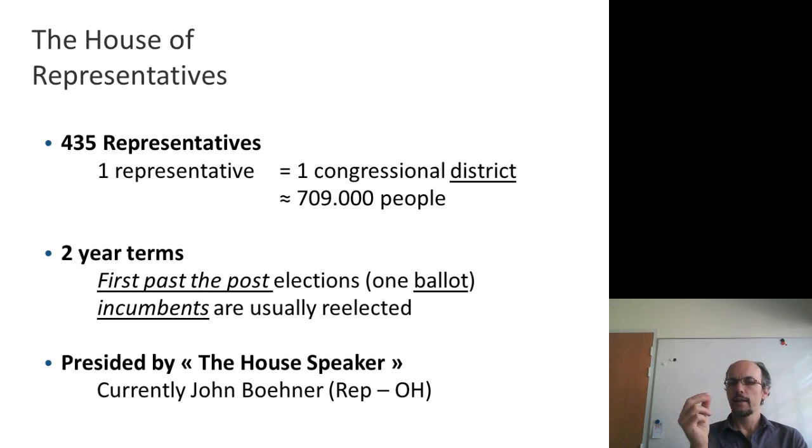Representatives are elected for 2 years in a very simple system. You have one ballot on election day. All the candidates run on one ballot. Whoever gets the most votes is elected. It's a first past the post election, meaning that if you have more votes, you win. No second ballot. It's a very simple system.